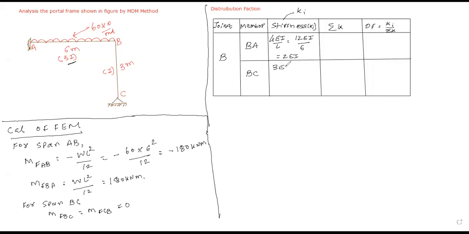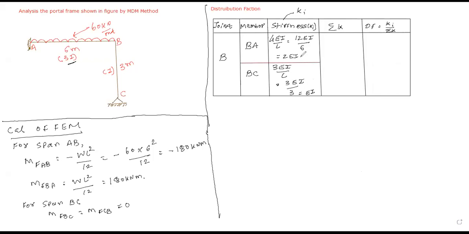Can I say that it is 3EI divided by L? That is nothing but 3EI divided by 3, that is nothing but EI. Yes or no? Please confirm me. Is it clear?